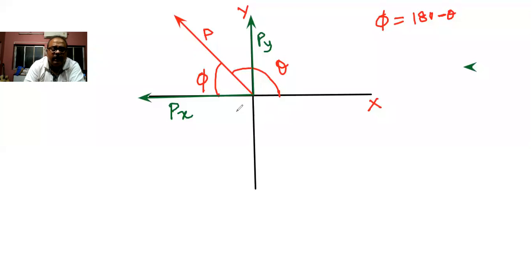So taking the normal sign convention, we can say now that px is equals to p cos phi, but this is acting along the negative x-axis. So we can treat it as a minus. On the contrary, we can take this py to be p sin phi.